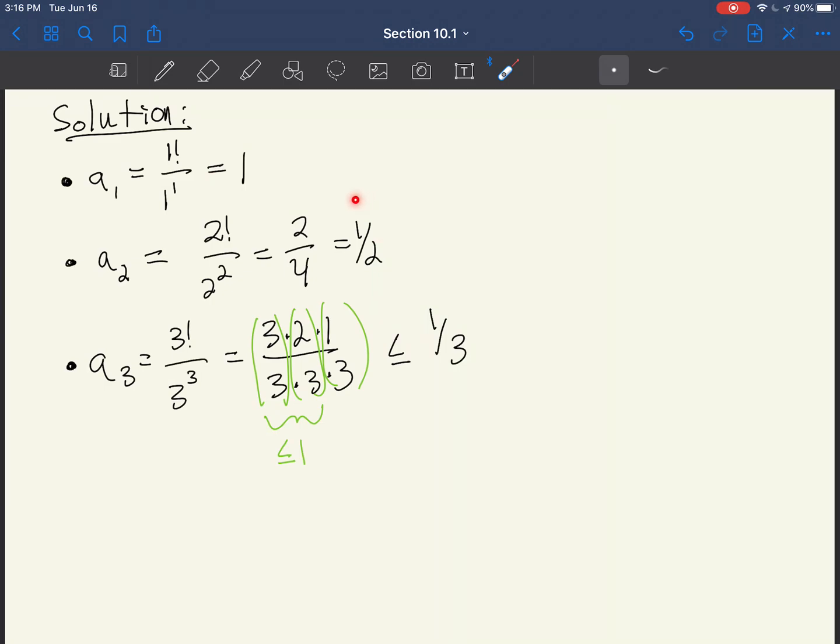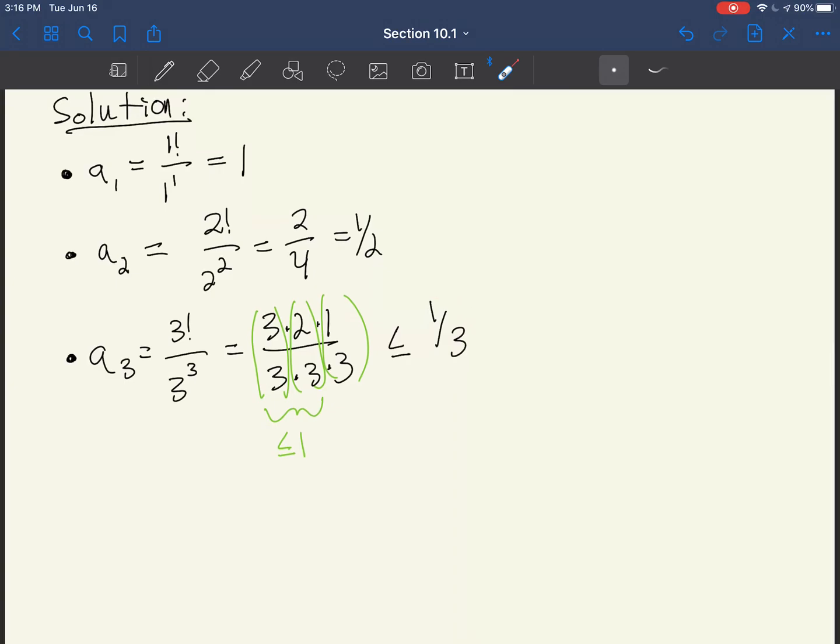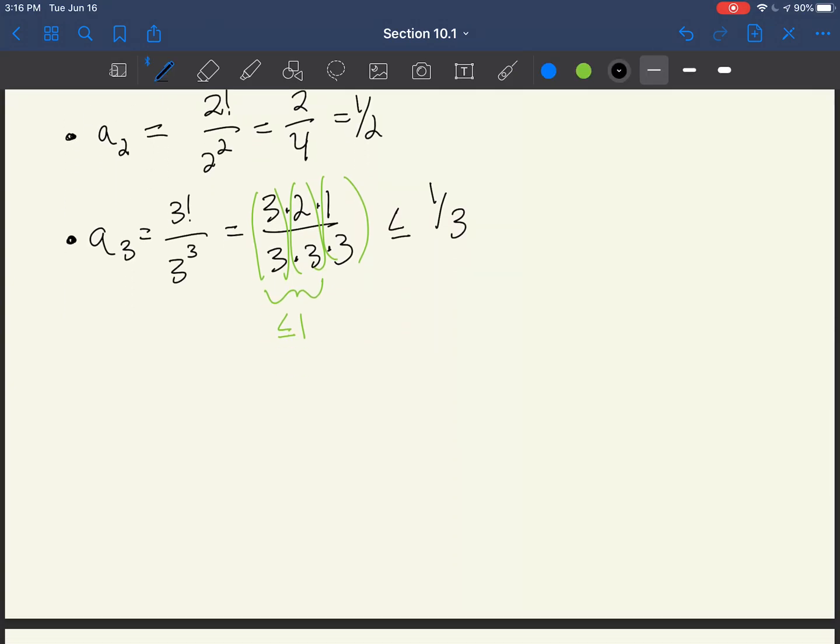The second term is less than or equal to 1 divided by 2. The third term is less than or equal to 1 divided by 3. So we suspect that the nth term, which is n factorial over n to the n, will be less than or equal to 1 over n. So let's see if we can get that.